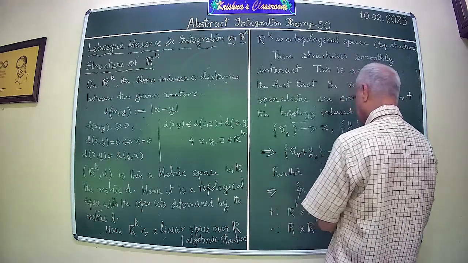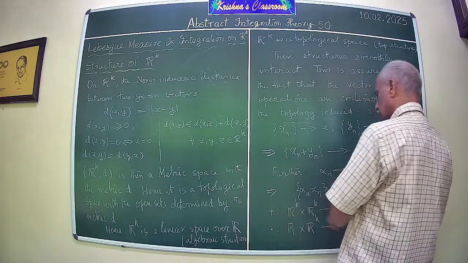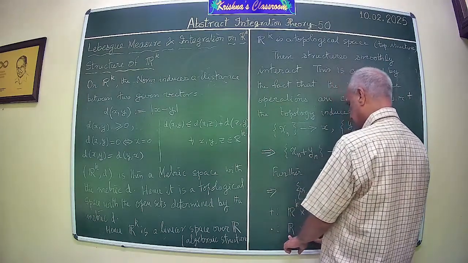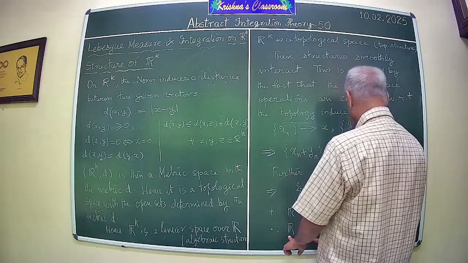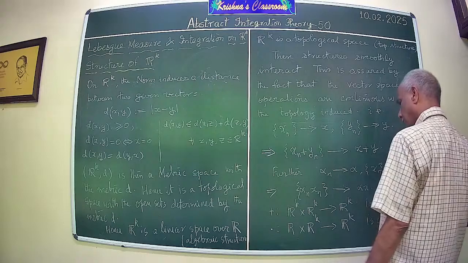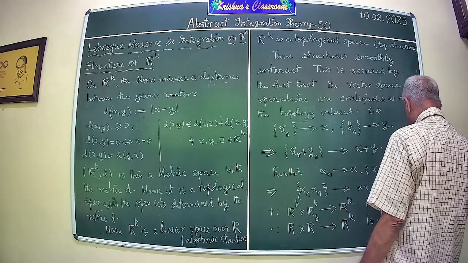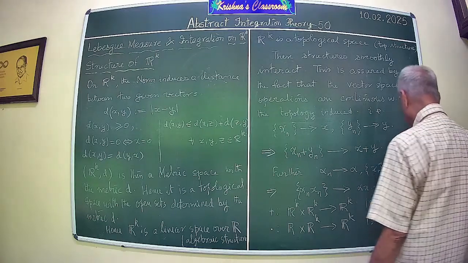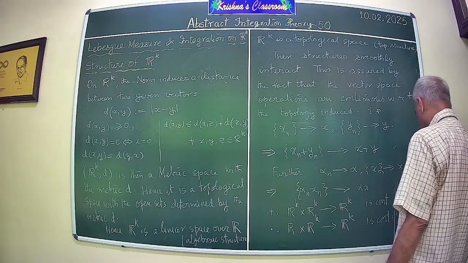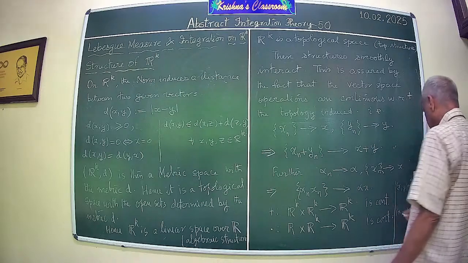You will get a vector in Rk, x plus y. Similarly, you take an alpha from R and an x from Rk, and this gets mapped to alpha x. This is the multiplication map.